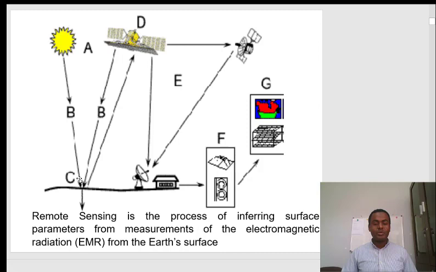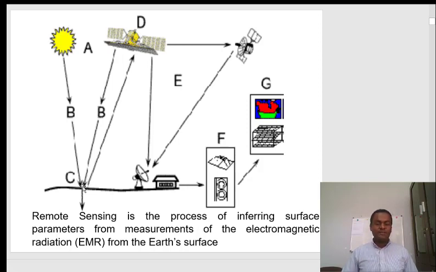Another form of interaction will be created here. There are three forms of interaction that are created when the electromagnetic energy interacts with Earth's objects. These three types of interactions are reflection, transmission, and absorption.